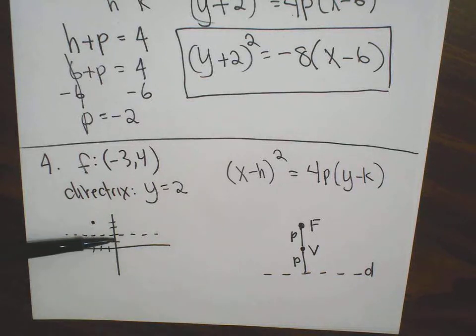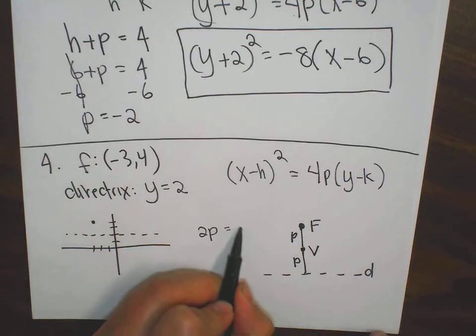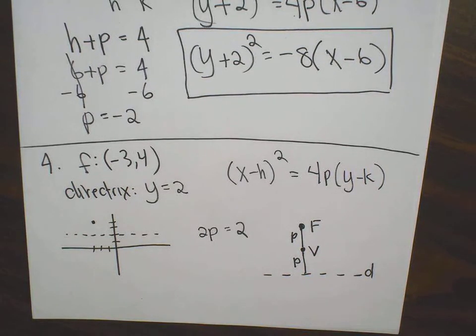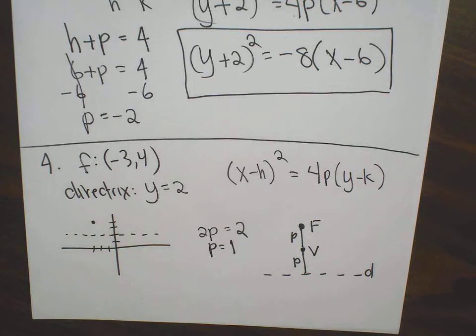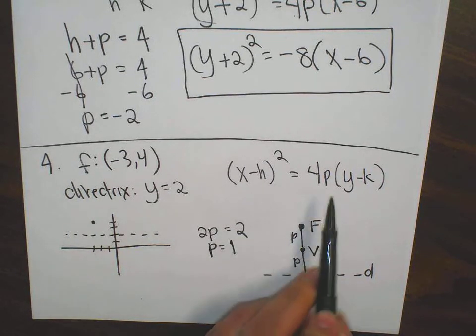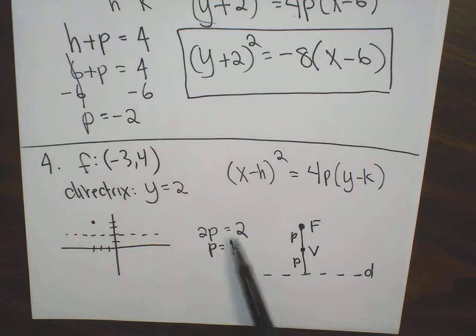How many spaces? 1, 2 spaces. So we would say 2p is equal to 2. See how that's that length between them? So we would say p is equal to what? 1. So I know I have a length of p is 1, so I could plug that in.